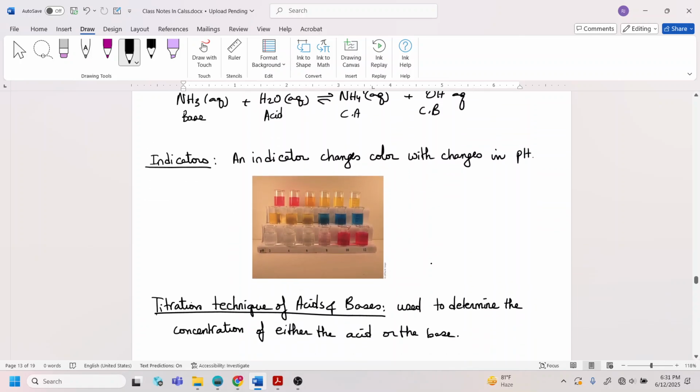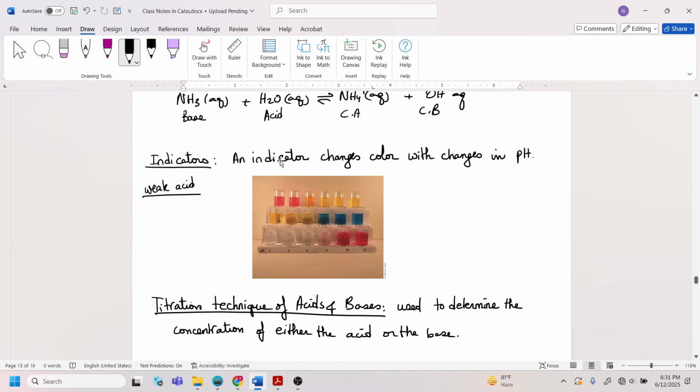When you are doing an acid-base reaction, we are going to use an indicator. So what is an indicator? An indicator is simply a weak acid that you add to the solution of the acid and the base when you are reacting them. An indicator tells you when the reaction ends, meaning when the reaction is going to stop, by simply changing the color of the solution based on the pH of the solution.